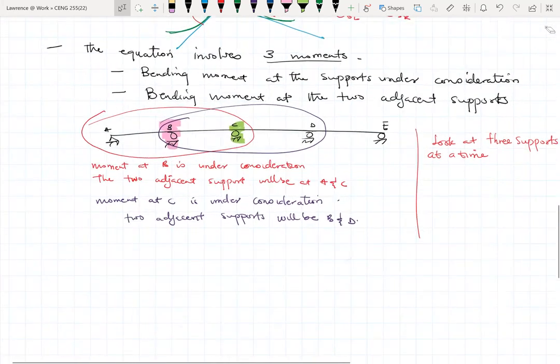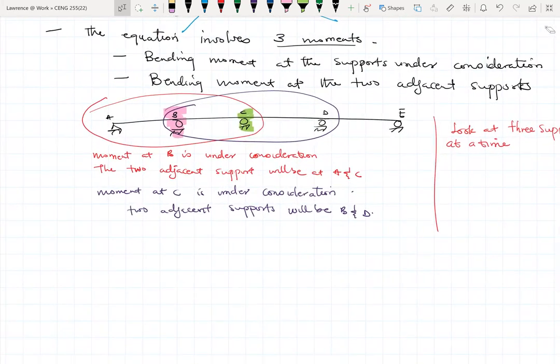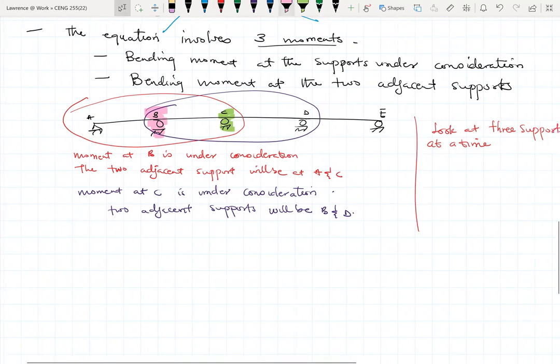Okay, so in this case, if we want to consider support B or determine the moment at support B, then we need to have two adjacent supports, one to the left of B and one to the right of B. So if we are considering support B, that means that we need to look at A and C on the left and right of B, respectively.